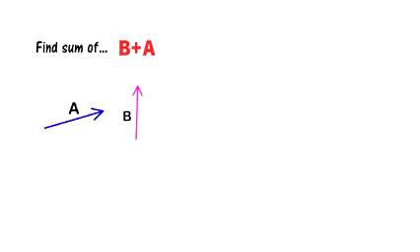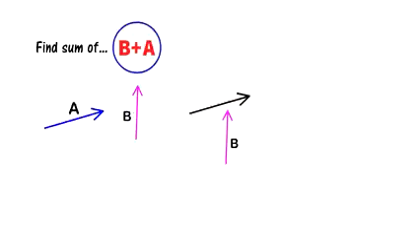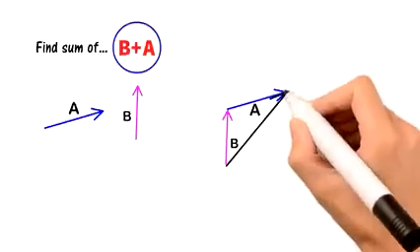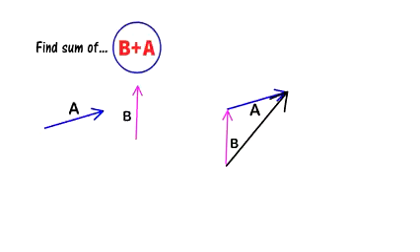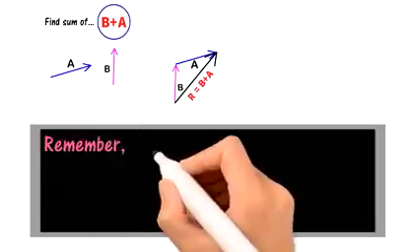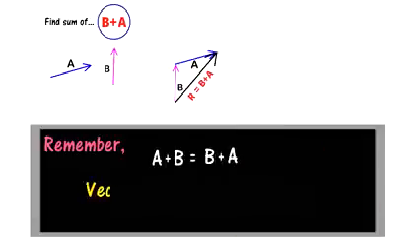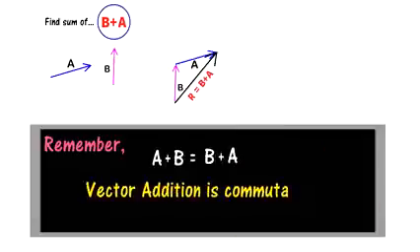The question is asking me to find the sum of B plus A. So I am taking the vector B and then the vector A, and I am joining the tail of the vector A with the head of the vector B. And now to get the result of B plus A, I am joining the tail of the vector B with the head of the vector A, and I am getting B plus A. Remember, A plus B is equal to B plus A, or we say vector addition is commutative.